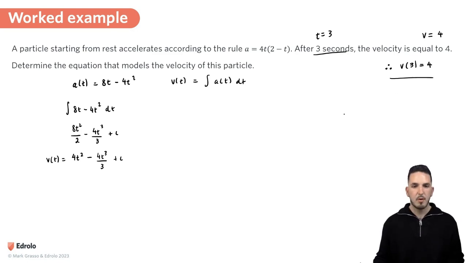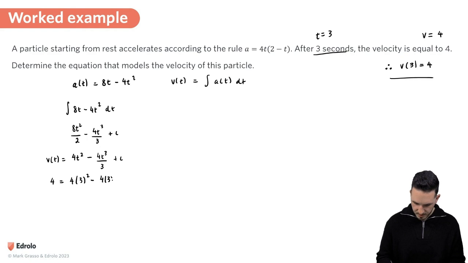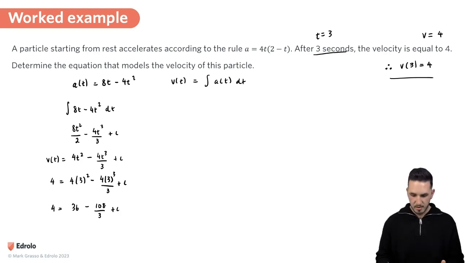However, we know we have a point, so we can now solve for c. So we're going to have 4 equals 4 times 3 squared minus 4 times 3 cubed over 3 plus c. So this will come to 4 equals, 3 squared is 9, so 4 times 9 is 36. Minus 4 times 3 cubed: 27 times 4 is 108, so it's going to be negative 108 on 3 plus c. 108 on 3 is 36.